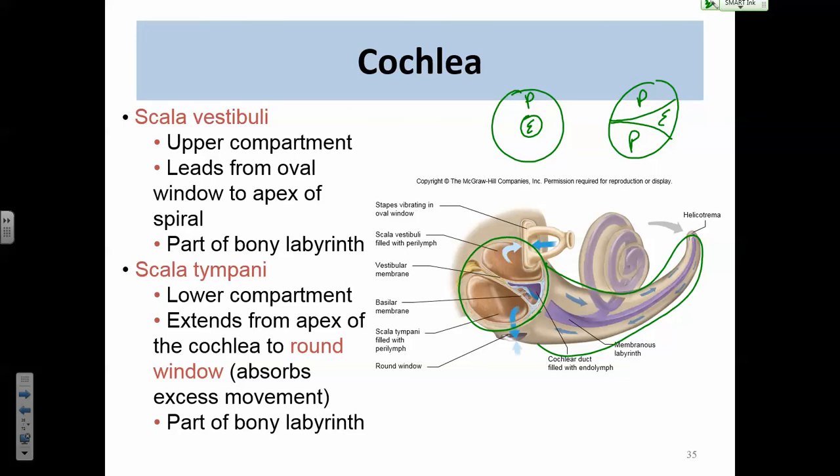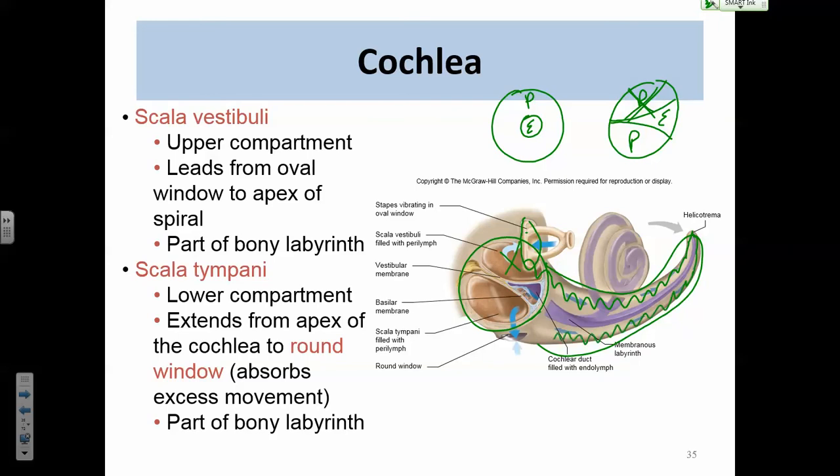The oval window, remember that's the membranous part that the stapes is connected to? If you could uncoil the whole thing, you would see that the oval window actually connects to this upper compartment. So basically what's going to happen is fluid is going to move in this compartment, and it moves down to the end and then down this way.